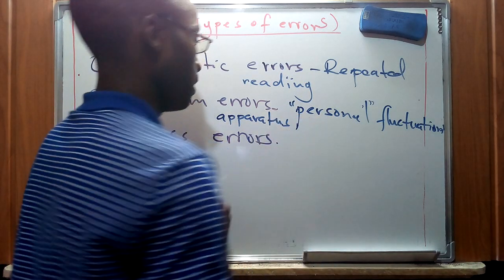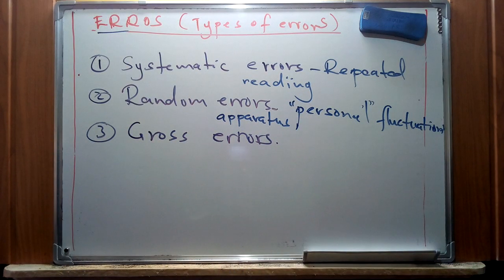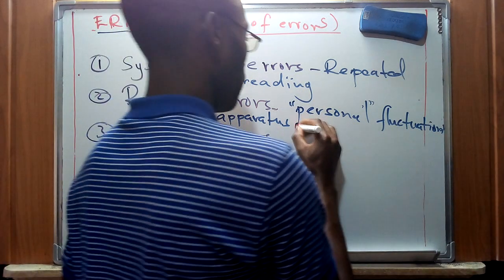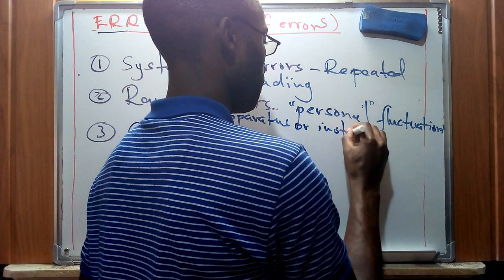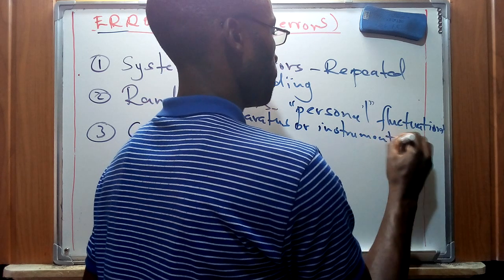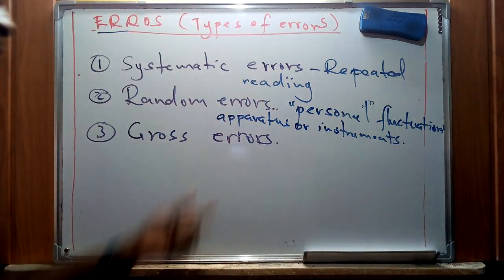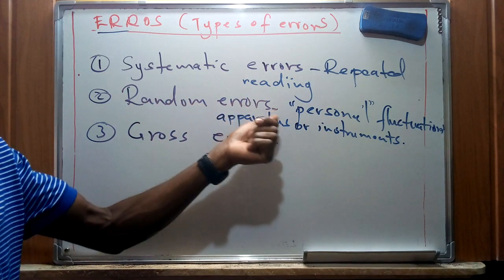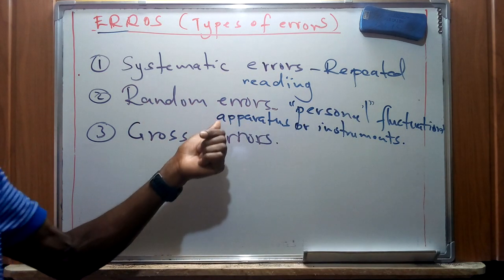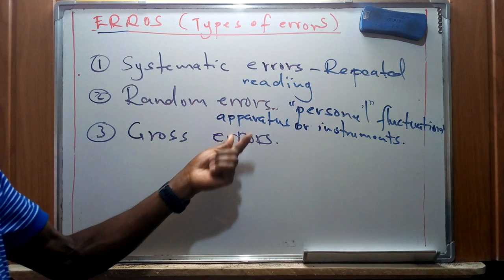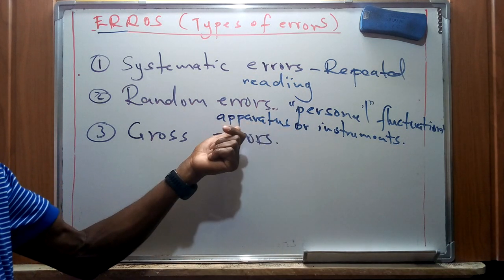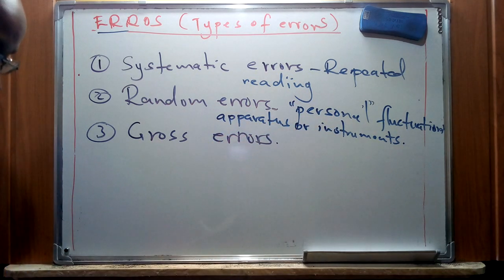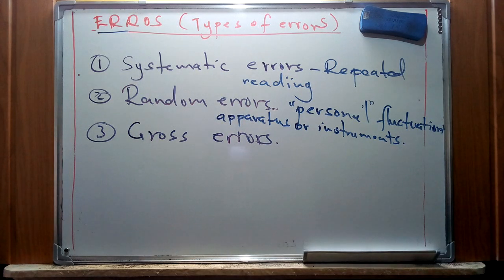So these are errors that result from apparatus and the instruments. There are specific causes or examples in order for us to understand, but roughly we can define random errors as personal fluctuations, which can result, for instance, from fluctuations in apparatus and instruments.